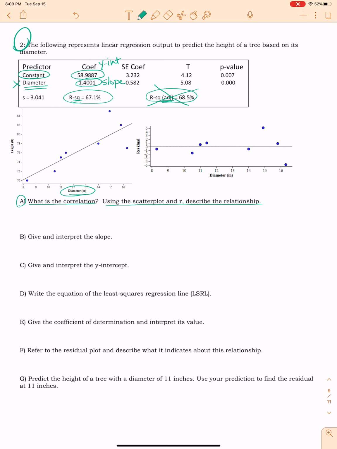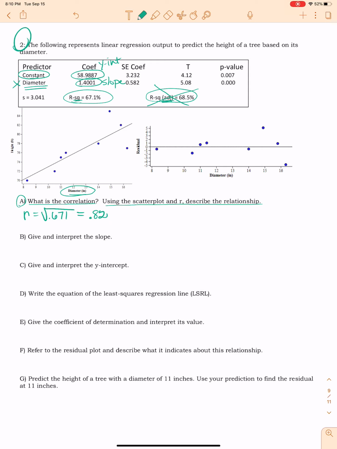We only look at this R squared, so pay attention to that. If R squared is 67.1, then R is the square root of that. I take the square root of 0.671, using the decimal, not the percentage. That gives me 0.82.